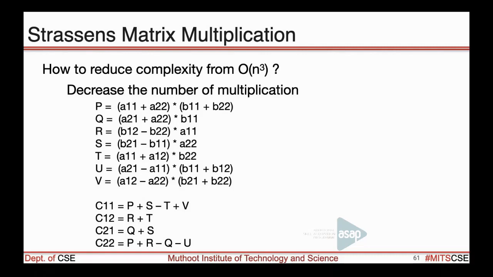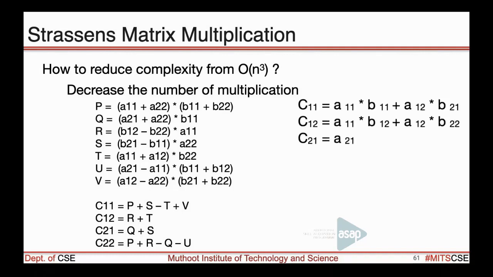So what is the advantage of this? In normal matrix multiplication, we actually had 8 different multiplications: A11 into B11, A12 into B21. We had 8 matrix multiplications. But here we only have 7 multiplications. That is, Strassen has decreased the number of multiplications by 1.